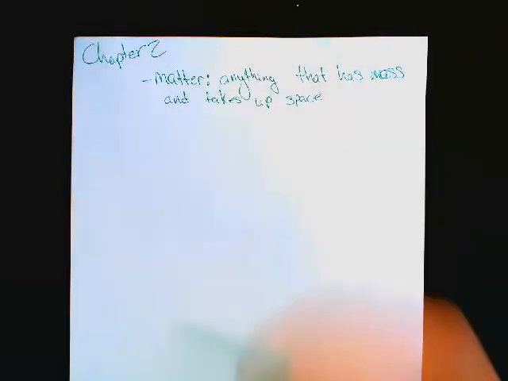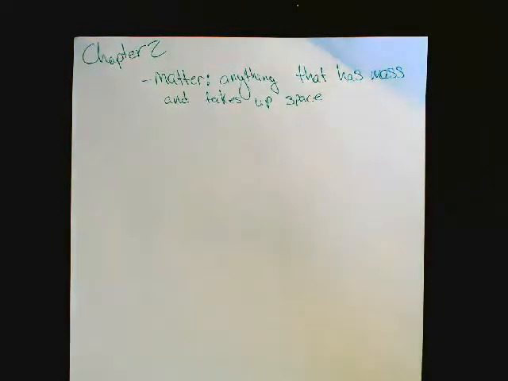So your desk is matter. Water is matter. The air in the room that you are breathing, even though it can change how much space it takes up, is still matter. Light is not matter because it does not have mass. And it also doesn't take up space. So light and time are like the only 2 examples I can come up with that are not matter.